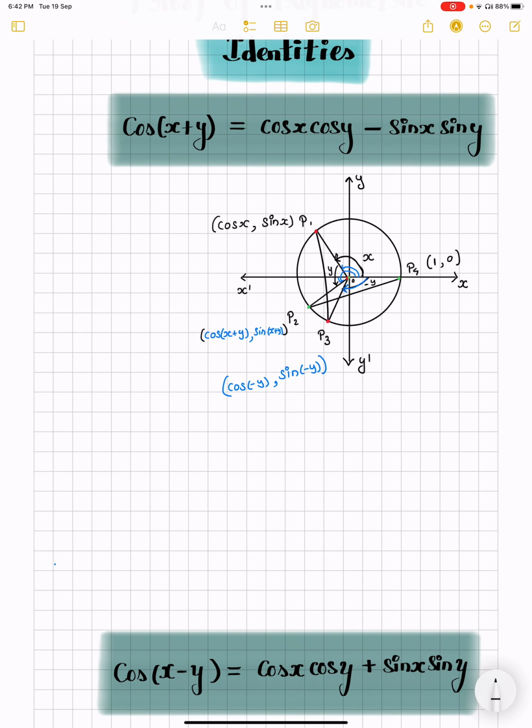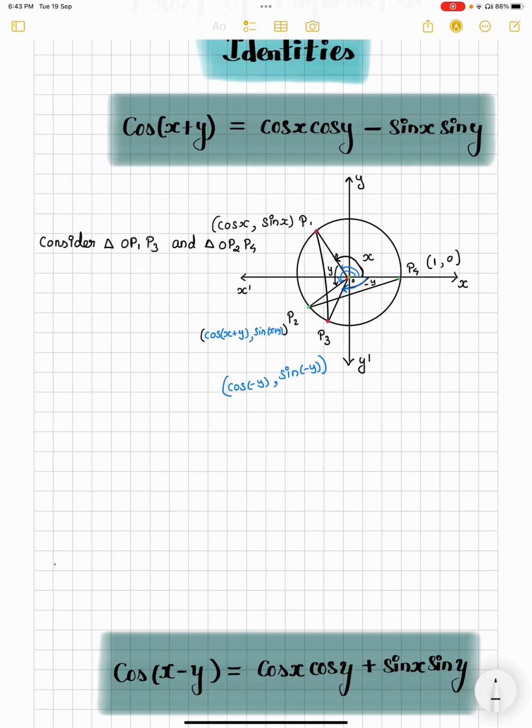So now here, consider triangle OP1, P3 and triangle OP2, P4.